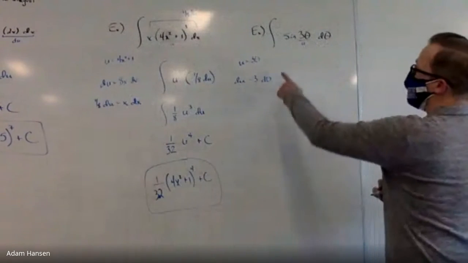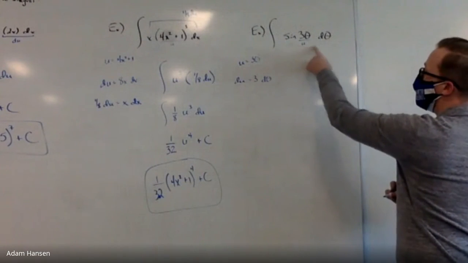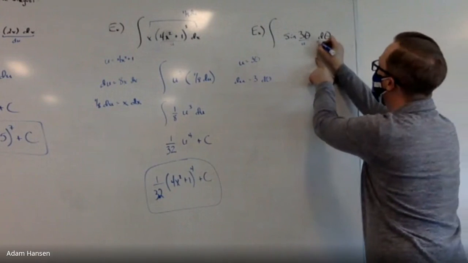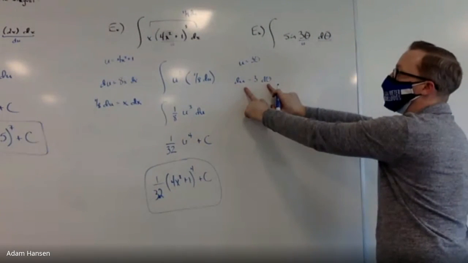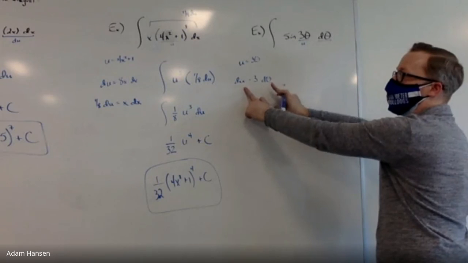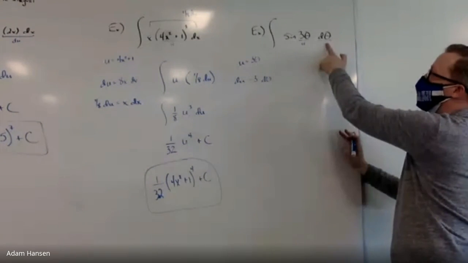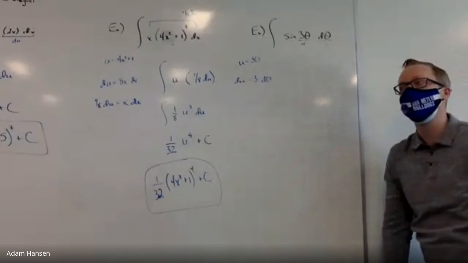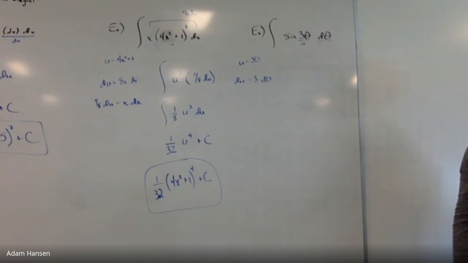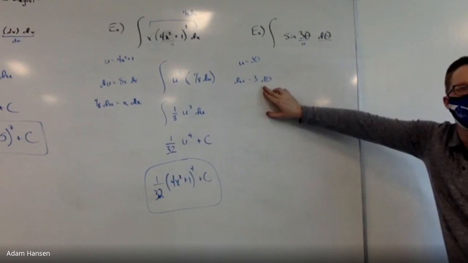Right now I have the antiderivative of sine u d theta. What would d theta be equal to using this substitution step here? I know that du equals 3 d theta. So what would d theta be equal to in terms of du? How could I solve this expression for d theta?